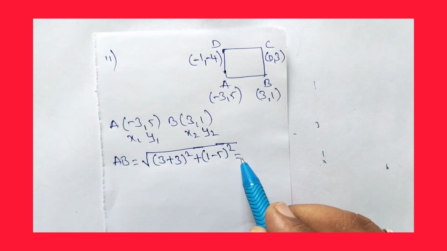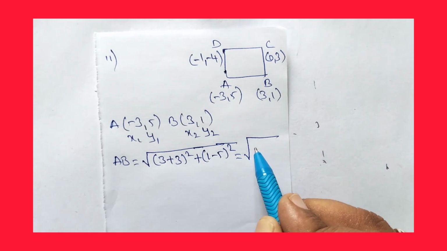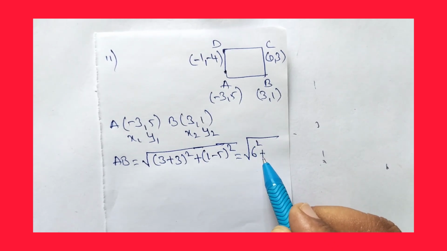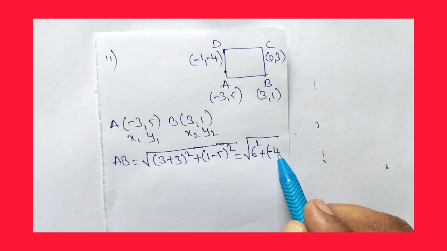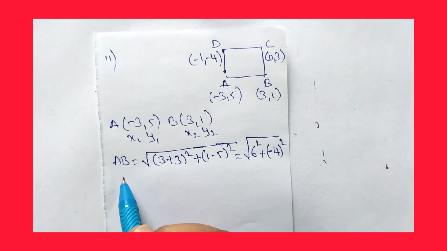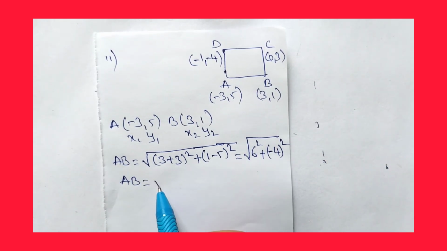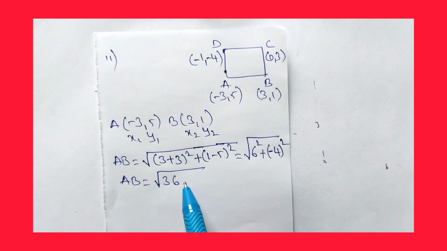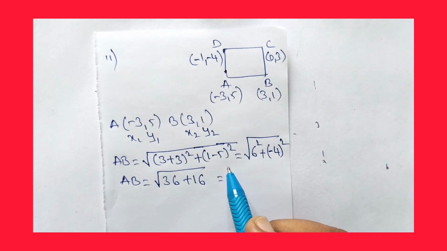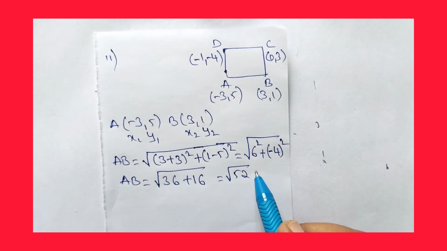So that is equal to square root of 3 plus 3 is 6 square, plus 1 minus 5 is minus 4, whole square. So AB is equal to square root of 36 plus 16, that is square root of 52 units.